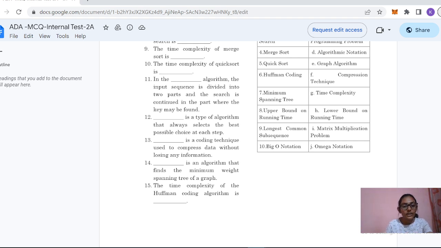Answer is greedy algorithm. 13, dash is a coding technique used to compress data without losing any information. Answer is Huffman coding. 14, dash is an algorithm that finds the minimum weight spanning tree of a graph.